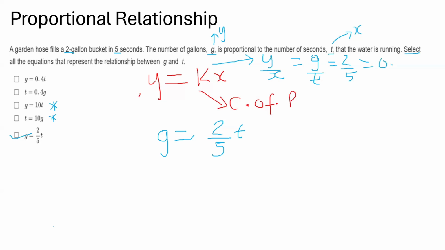So our constant here is correct, but if you look at the variables, remember we said that t represents x, and the constant always multiplies the x values. So this one is out. This one here is our next solution: G equals 0.4 t. So these are the two equations that represent the relationship between G and T.